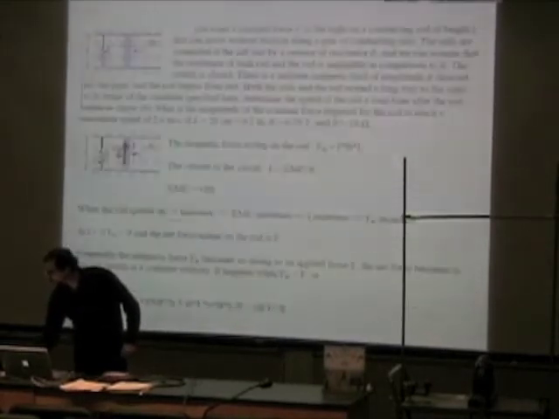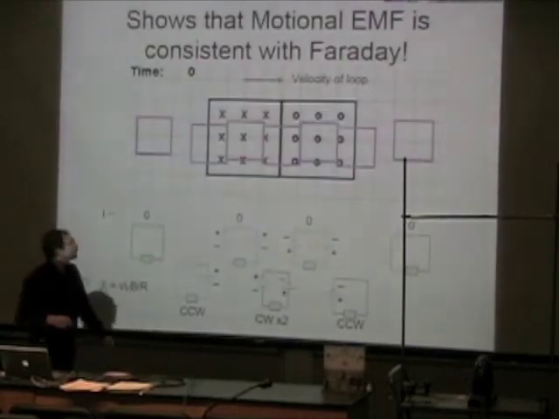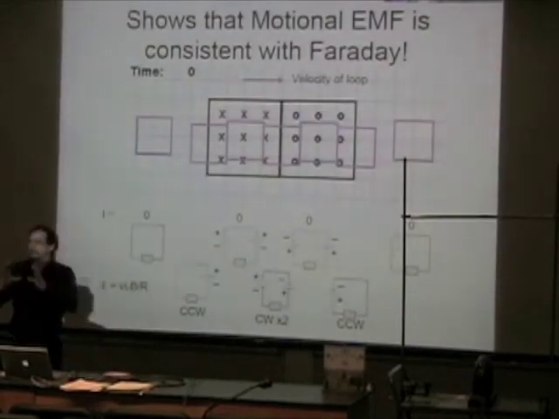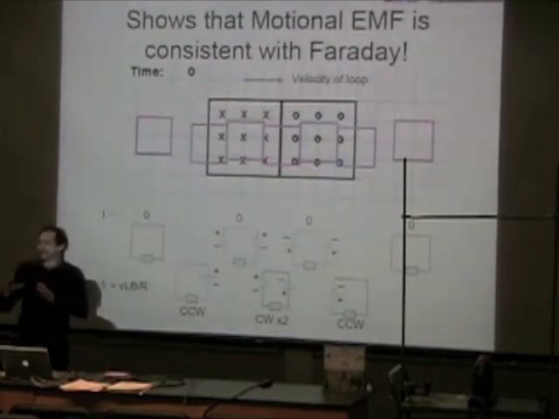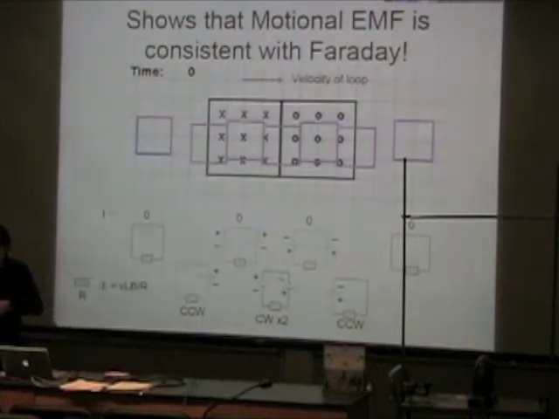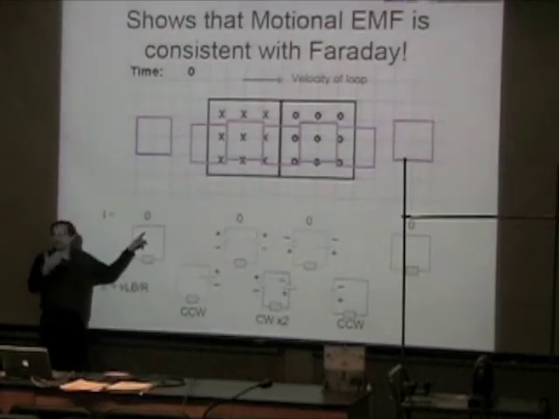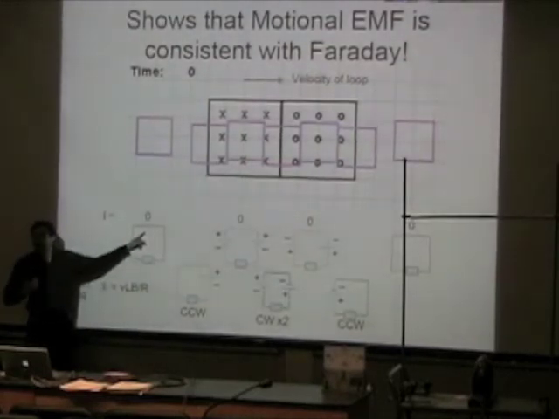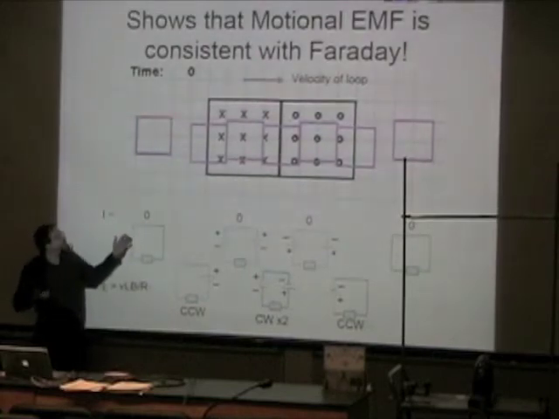I'm going to go back to this. Here, the same square coil moving through the magnetic field. Instead of thinking in terms of the changing flux, now we can think in terms of the batteries. When the loop is outside of the magnetic field, there is no induced EMF anywhere, no batteries, no current.